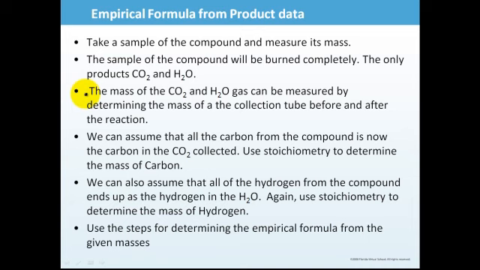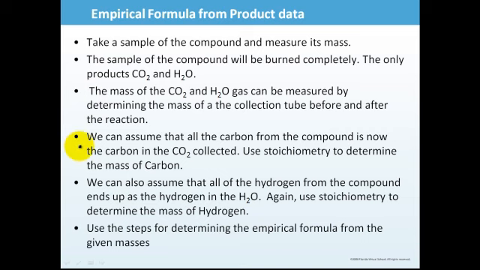The way you would get the mass of those is you would use gas collection tubes, and just like anything else, whenever you are trying to find the mass of a substance, we always first measure the apparatus when it's empty, in this case the collection tube, and then we mass it afterwards once it's filled with the CO2 or the H2O, depending on which one has been collected in that tube. And then of course we subtract those two masses to get the mass of the gas that we're looking for.